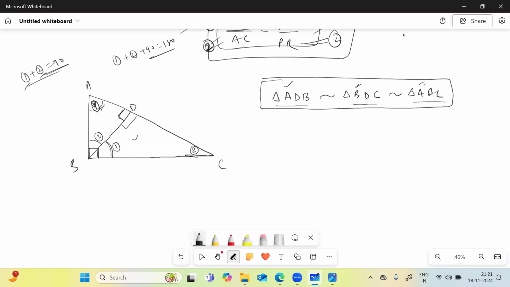Now a lot of questions can be made here. You'll be given a lot of sides and they will ask you how will you divide and what will be the value of this.